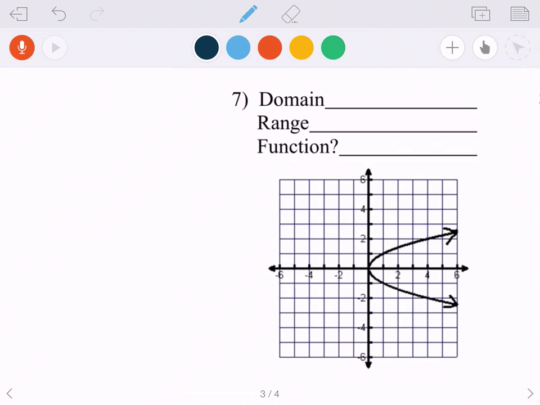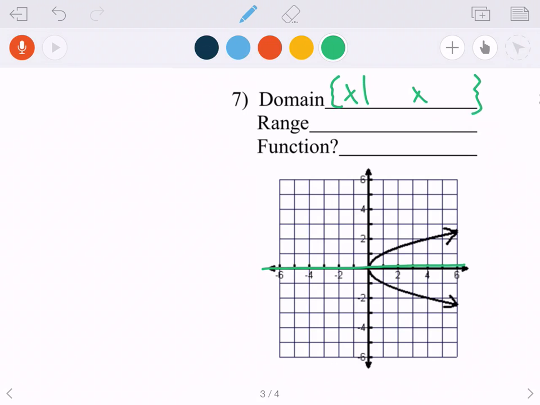Two more examples. So here, when we're looking at my domain, again, it's my x-axis in green. So I'm going to set up the set builder frame.